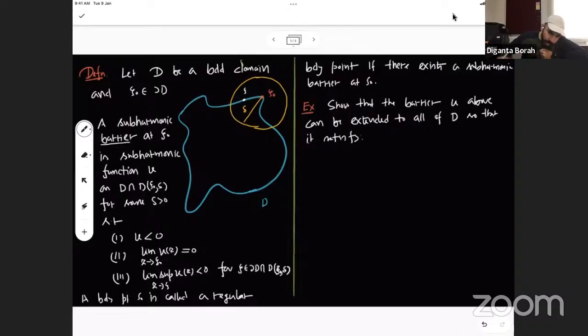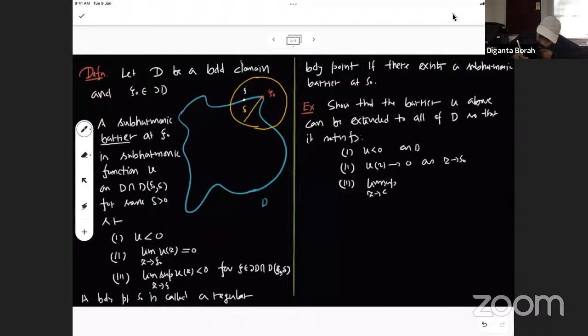these three conditions, which I will write globally now. One is, of course, U is negative on D. U(z) goes to 0 as z goes to zeta naught. And the limsup of U(z) as z goes to zeta is negative for any boundary point zeta other than zeta naught.